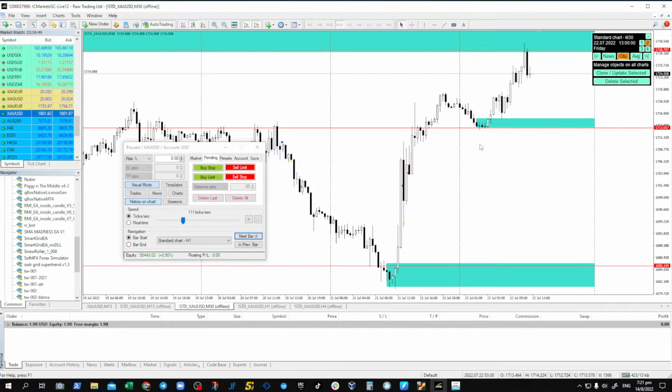We're kind of late into this trade. I'm not sure if I want to take it. This is 60 pips. I don't know.